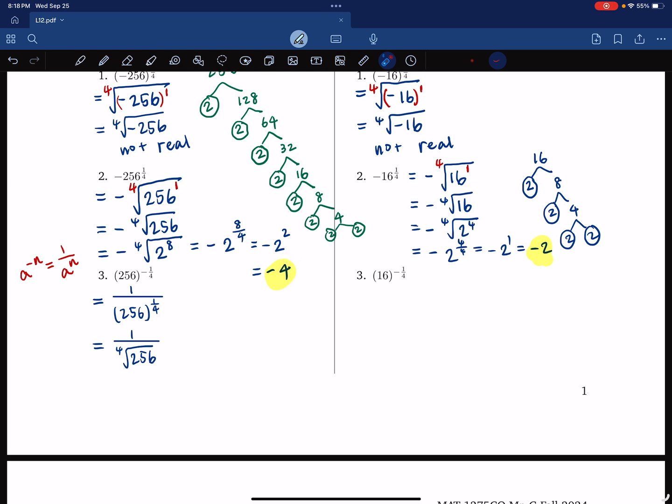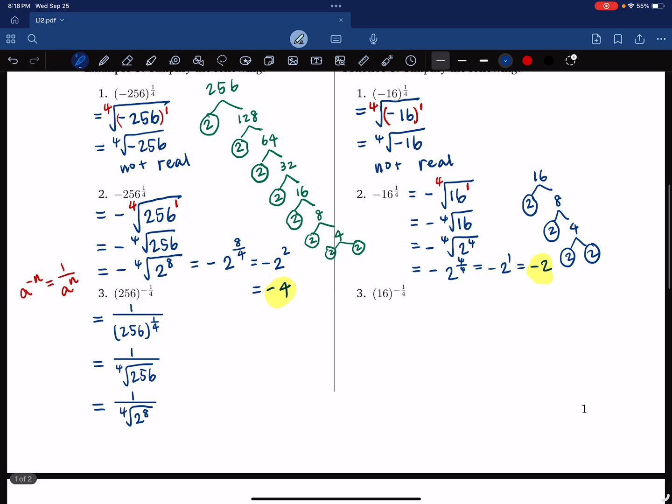So we already know that the 256, if you take the 4th root, it's simply 2 to the 8th taking a 4th root. So we use the same tree diagram that we did before for 256. Replace 256 with 2 to the 8th.